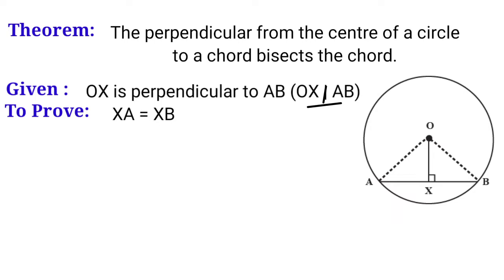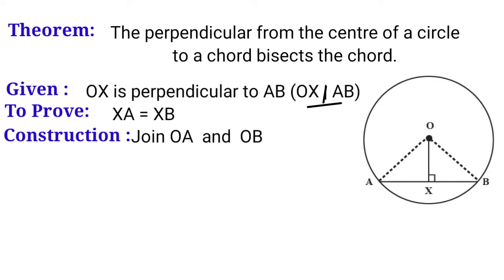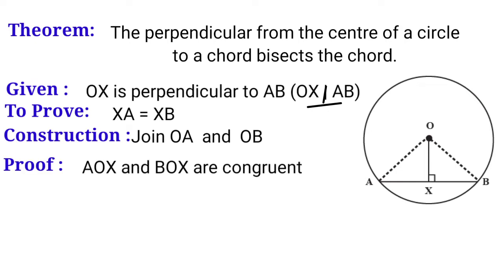Here you have to add one more step, that is construction. To prove this, we have to join OA and OB. So in the construction, write down: join OA and OB. Now during the proof, we have to prove triangle AOX and triangle BOX are congruent.